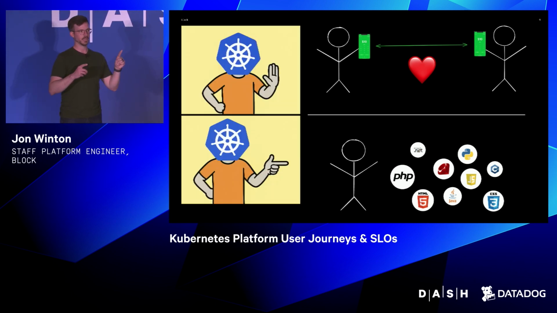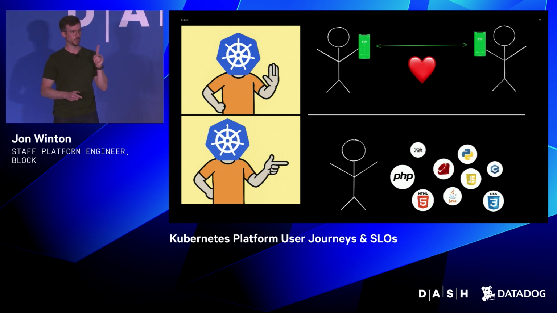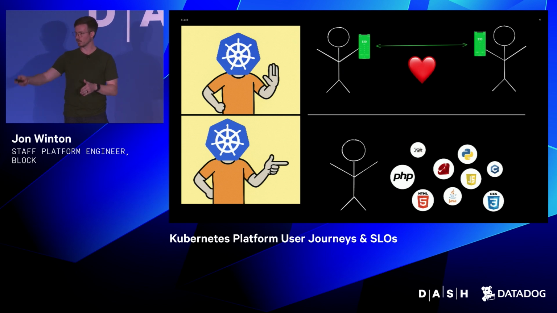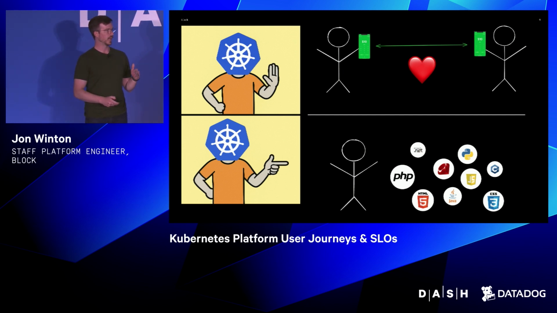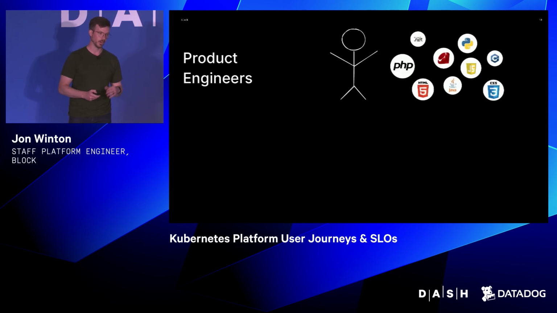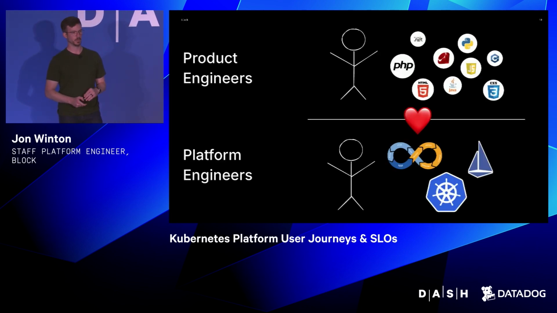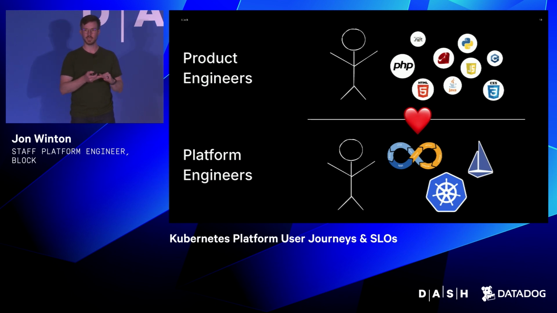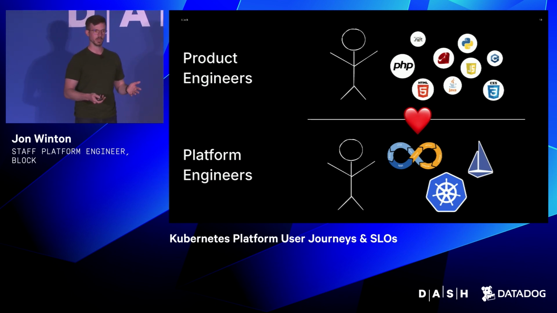So this talk is not about the external users. This is talking about that group one, the product engineers who are building things that our users are using, so that we can help them in understanding Kubernetes. So product engineers, platform engineers, we want to make the product engineers' lives easier by making sure that they understand what's going on with their services.